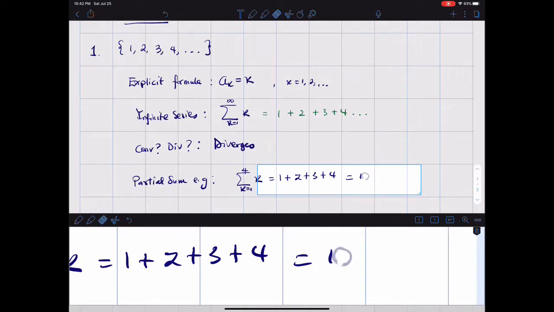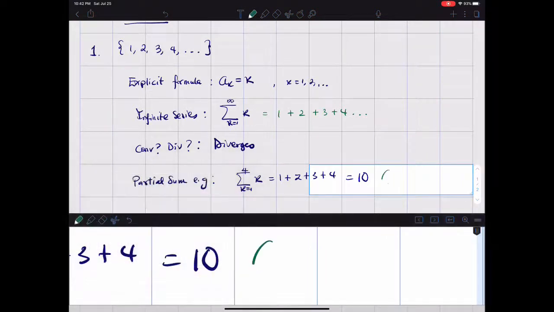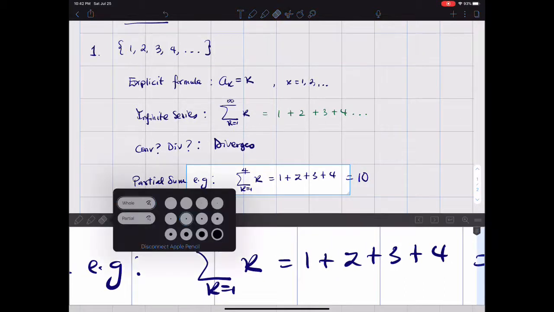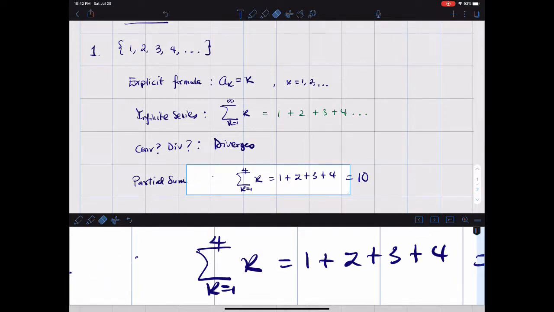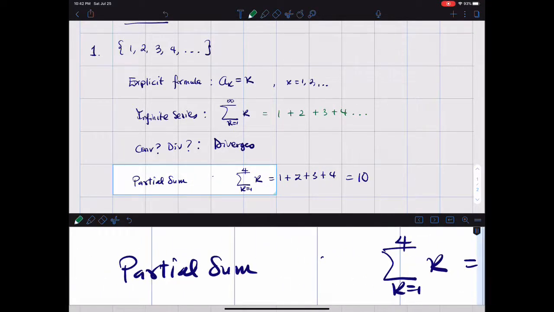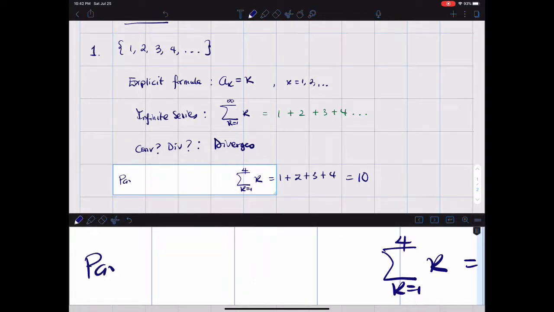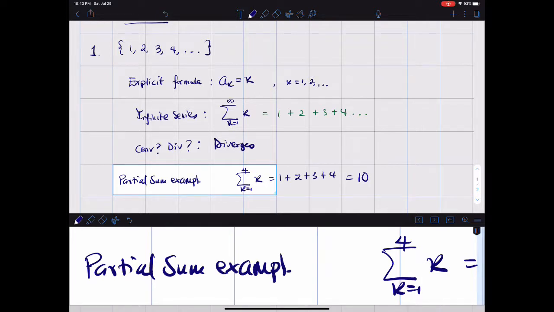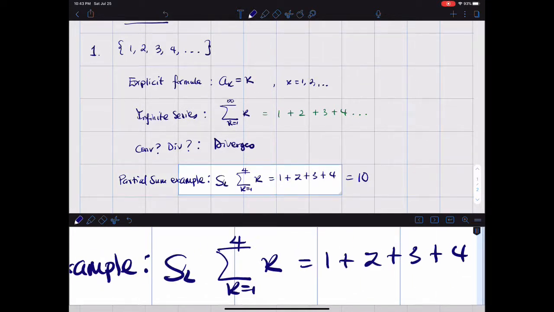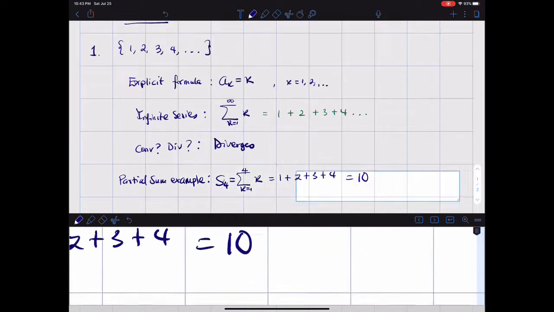So this is a partial sum, the fourth partial sum. So S4 is the sum of k from 1 to 4, and this is 10.